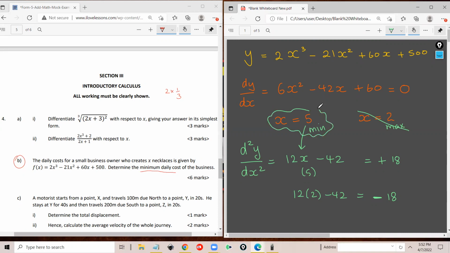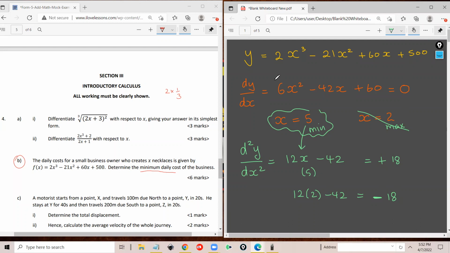Now here's the thing, right? A lot of people will stop the question there because they say, hey, the x is a minimum. But this value of 5 will give you a minimum, but we didn't actually get the minimum. We just know if we use x as 5 on the graph, at that point, there will be a minimum.